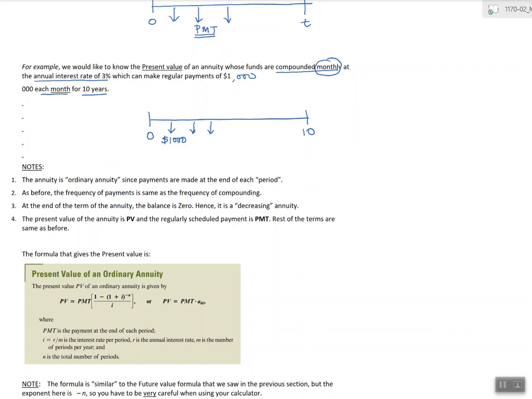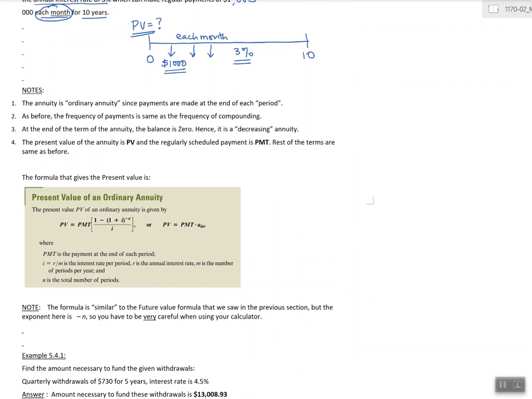So each month we are going to withdraw, and it's paying a 3% annual interest rate. So the question is, what should be the present value? That means how much should be the balance in this annuity now so that one can get $1,000 every month for 10 years. We're going to do this problem in a minute after we see the formula for it.